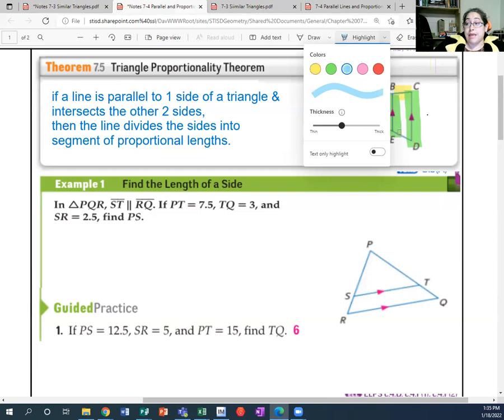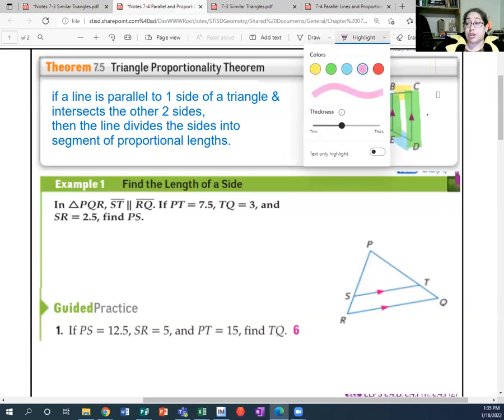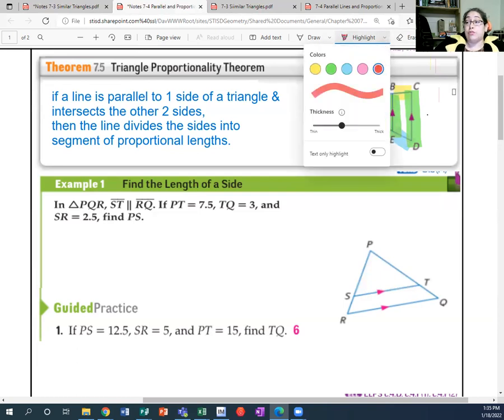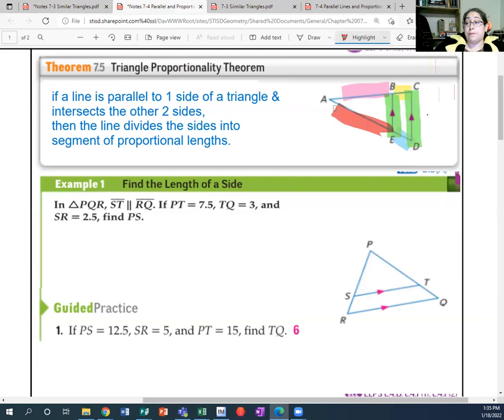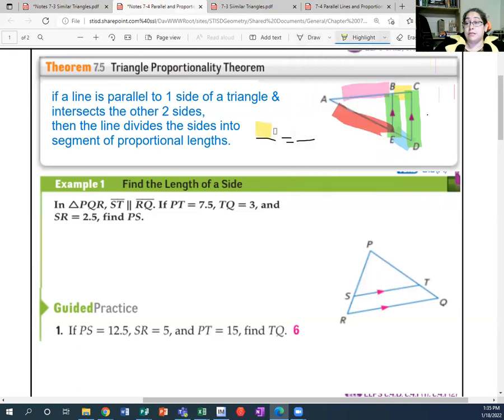That means that these two short pieces written as a fraction to these longer pieces, those fractions are going to be equal. Okay. So we're going to have some equal fractions, and we're just going to show you that color coding here real quick to help you see it.